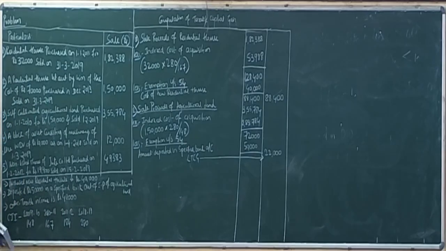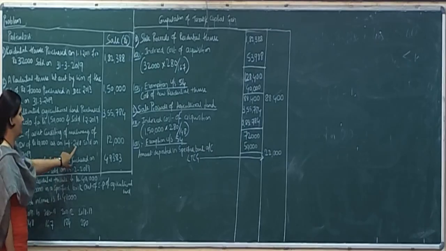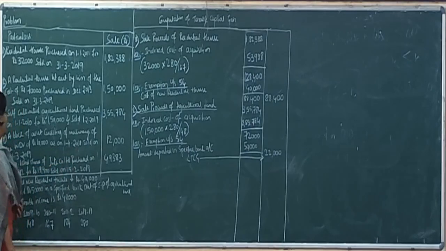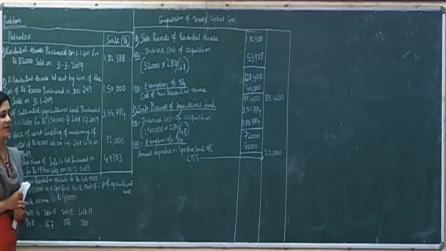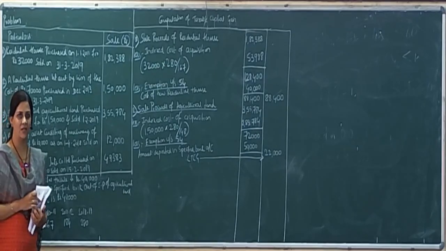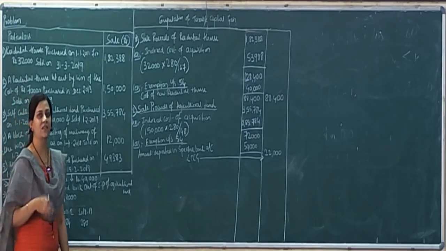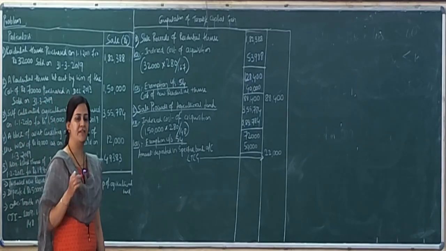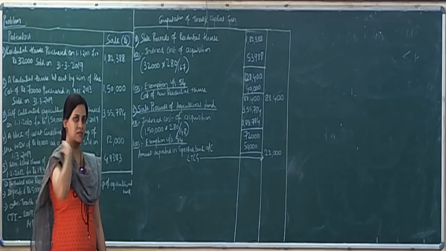So now we'll check the next capital asset. Block of asset, machinery, March 2019. It was purchased in the year 2018 and sold in the year 2019. So it is held for less than 36 months.